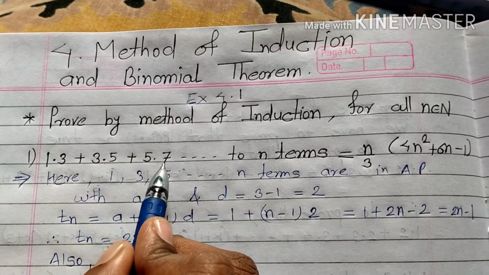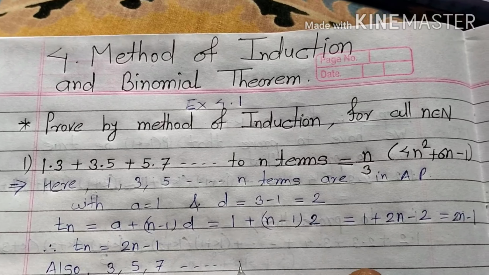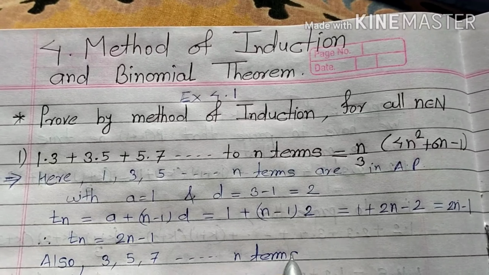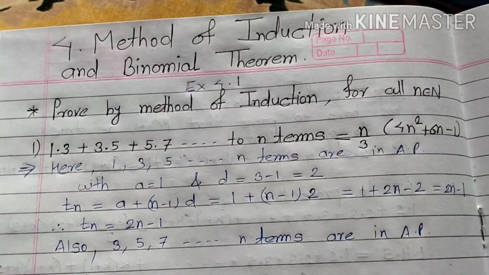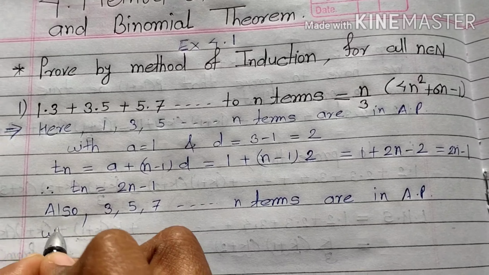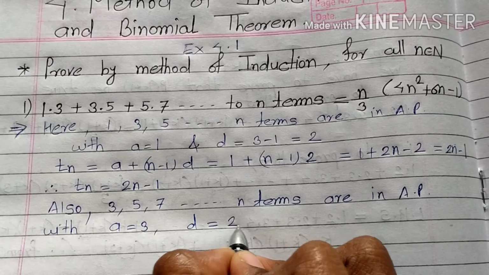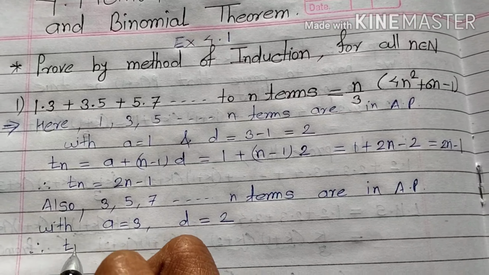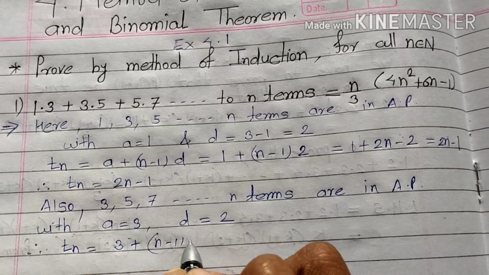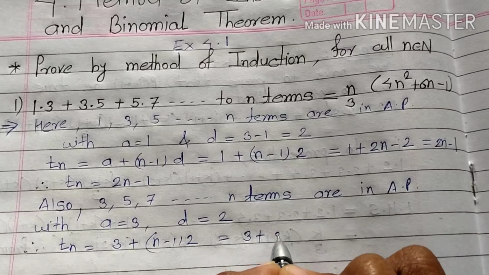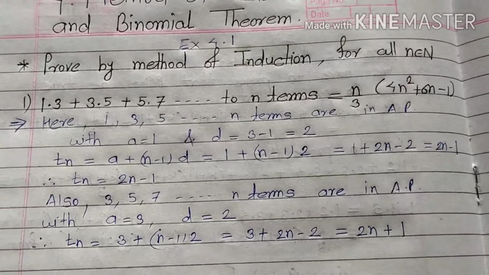Also, now this 3, 5, 7 up to n terms are in AP, with a equal to 3 and d equal to 2. So therefore Tn is equal to 3 plus (n minus 1) into 2, which is equal to 3 plus 2n minus 2, and that is 2n plus 1.